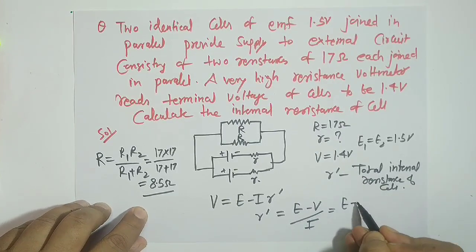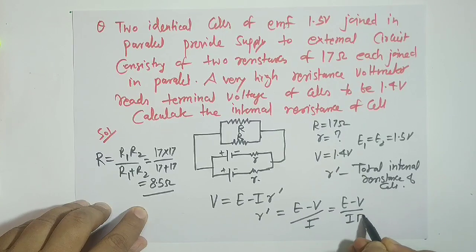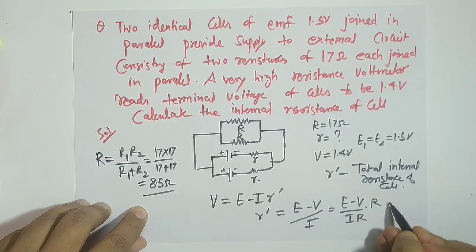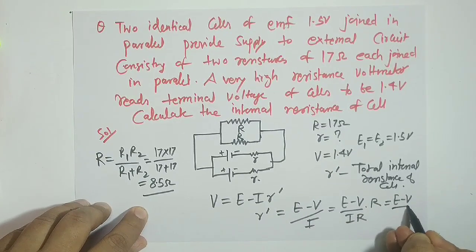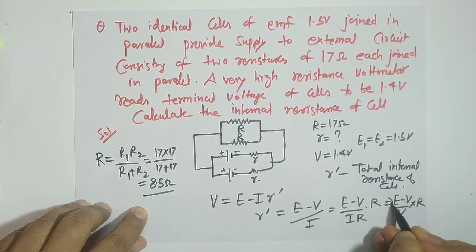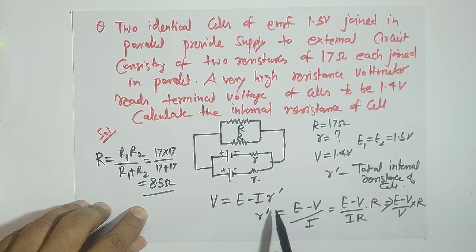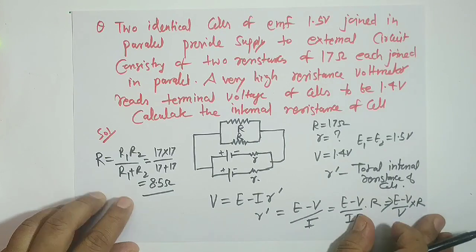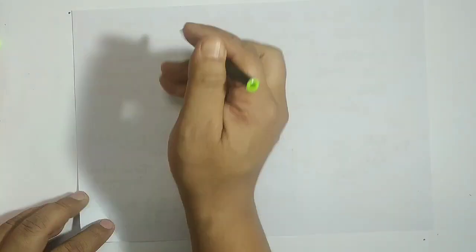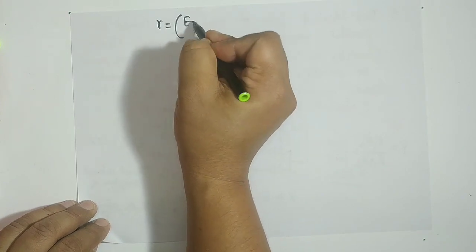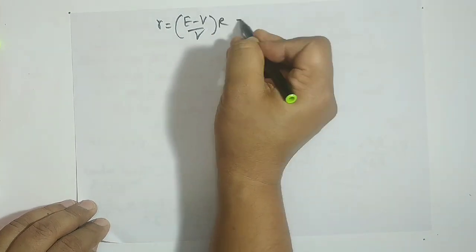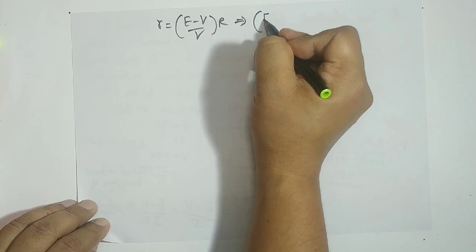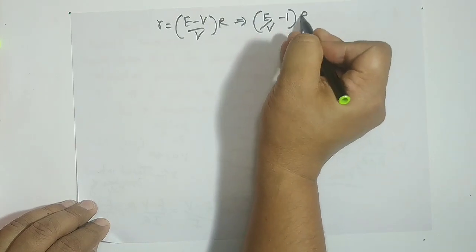And then you know that I can multiply it by capital R. So it can become E minus V by V into R. Are you getting it or not? Again repeating, R dash is the equivalent internal resistance, E minus V by I multiplied by external resistance, it becomes a relation. And when it becomes a relation, E minus V by V into R, can I write it like this? E by V minus 1 into R.